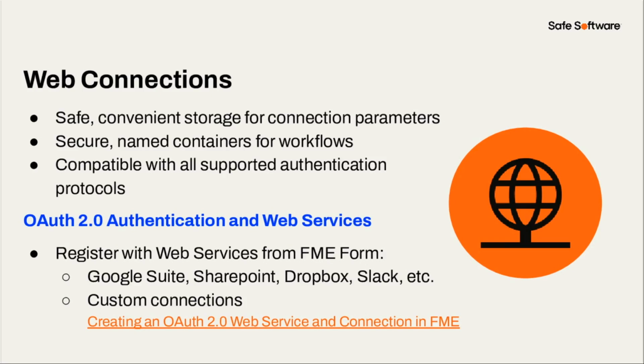And they're compatible with all our supported authentication methods, but they're especially useful for OAuth 2. FME is shipped with templates for web services that use OAuth, where you just need to log in. But if we don't have one that comes with FME out of the box, you can also create your own custom OAuth 2 web service and connection by following that link. We'll walk you through how.